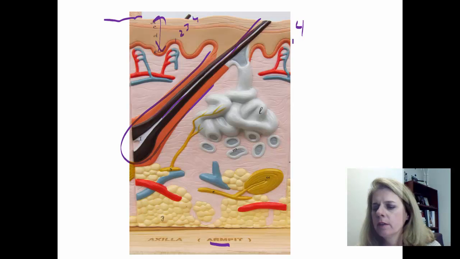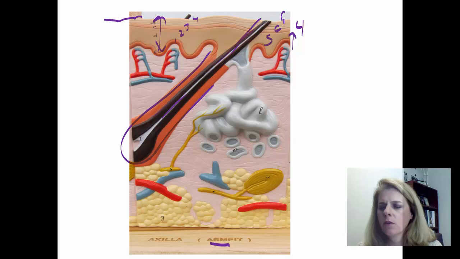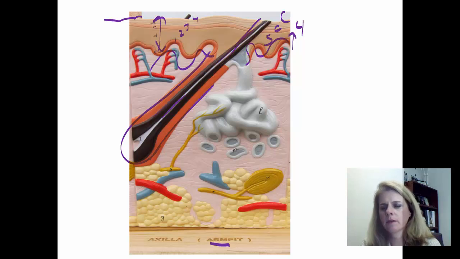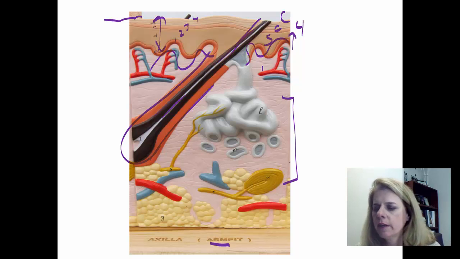Remember, you need to learn your 4 layers going from the stratum basale to the stratum spinosum, granulosum, and corneum. Again, you've got your papillary region, the area of the dermis that goes up and attaches to the epidermis. Your reticular region. Again, you have arteries and veins and little capillaries for blood flow and oxygen, carbon dioxide exchange.